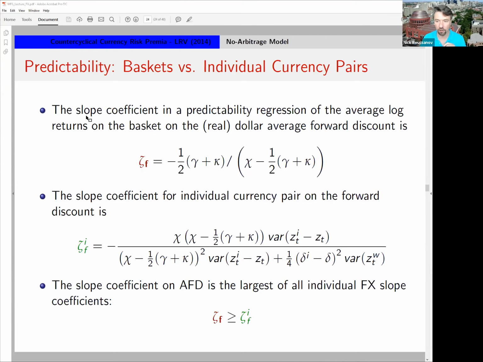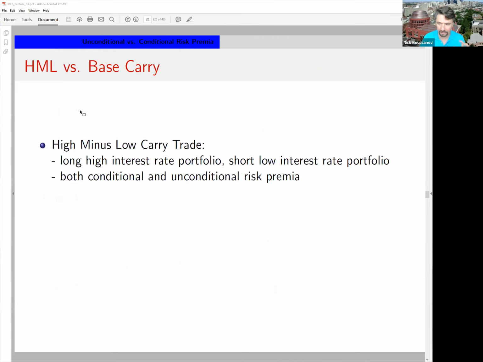No problem. So okay, one thing I'm going to show before switching gears is how the high minus low carry trade relates to the dollar carry trade, which very much depends on this average exposure to the global shock, because we can do this exercise for any country.